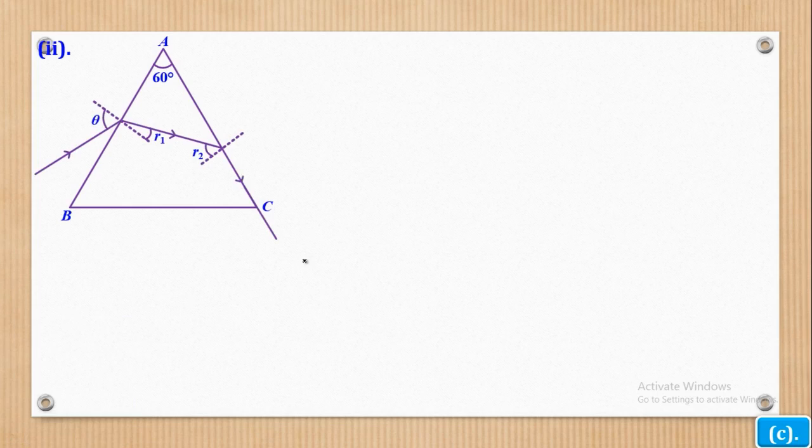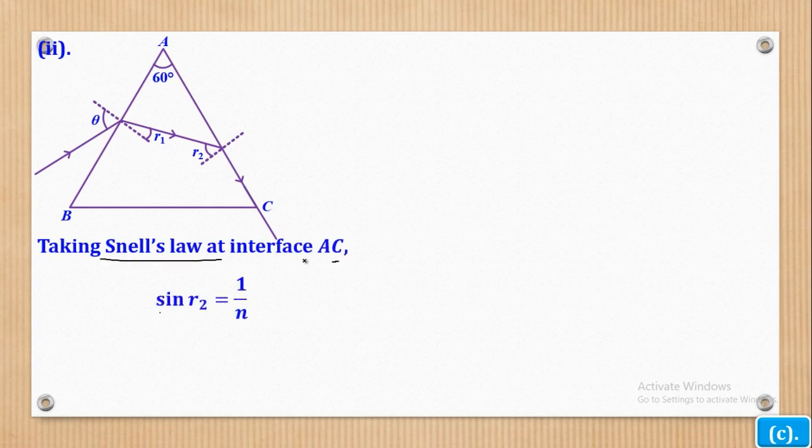So this ray emerges at 90 degrees, so it grazes the surface AC. That means that taking Snell's law at surface AC, we shall come up with sine R2 equal to 1 over n, because this is now the critical angle, and sine of the critical angle is equal to 1 over refractive index. So when I substitute, I'll be able to come up with the value of R2 as 41.81.